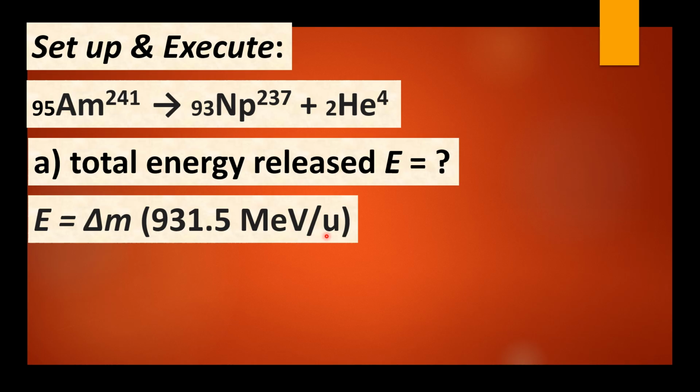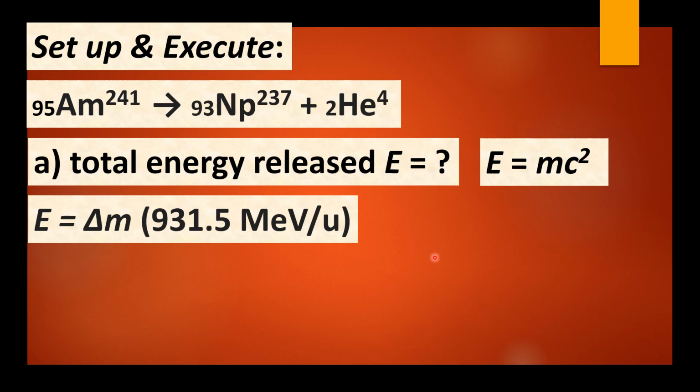This conversion factor is based on Einstein's famous equation E equals mc squared, which conceptually simply means that the mass difference delta M between the original nucleus and the combined atomic masses of its products has an energy equivalent which obeys both the laws of mass conservation and energy conservation.